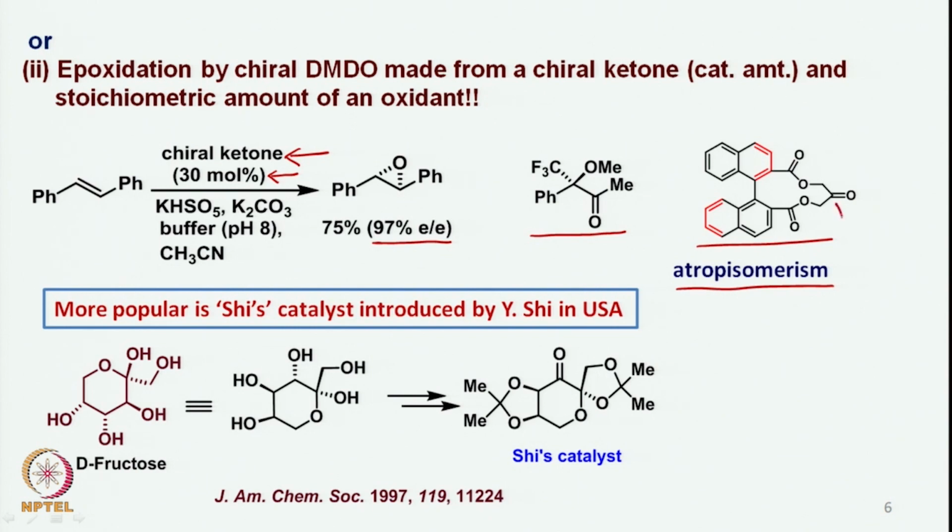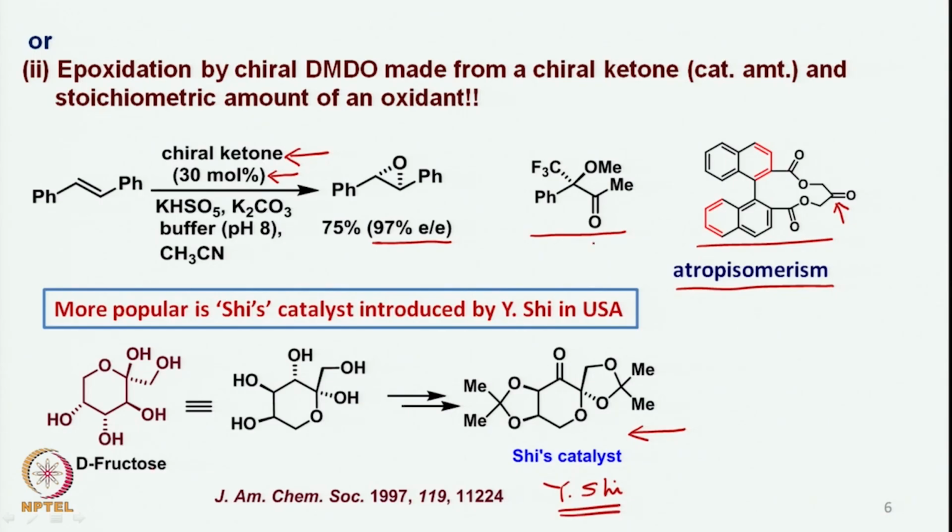So this is the ketone which is going to be reacting with the oxone to form the corresponding chiral dioxirane. But more than these, the Shi catalyst is utilized, which is reported by Y. Shi in the United States, and that can be easily prepared from D-fructose.